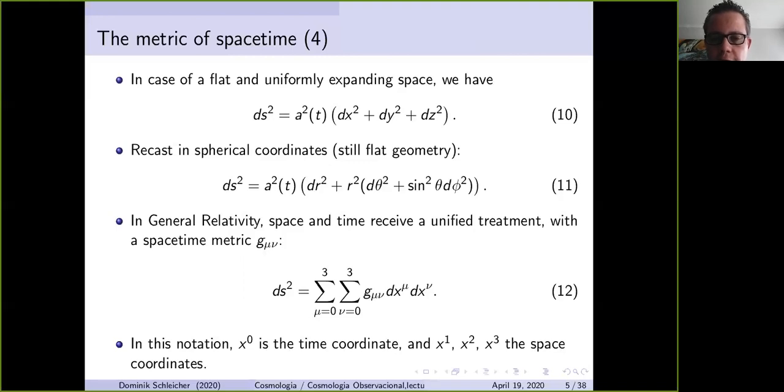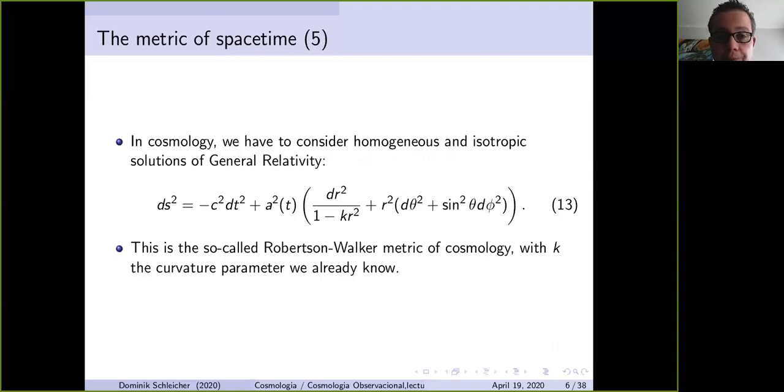So you can have all kinds of combinations here in principle. Good, that's something that we also have to take into account for cosmology. Even though in cosmology we have the benefit that the solution has to be homogeneous and isotropic, and that's why the solution from GR will simplify.